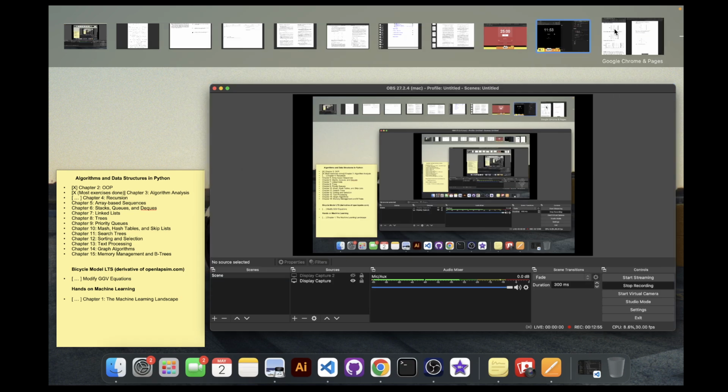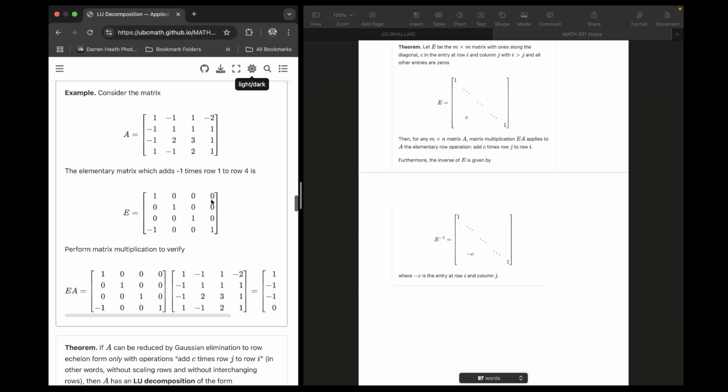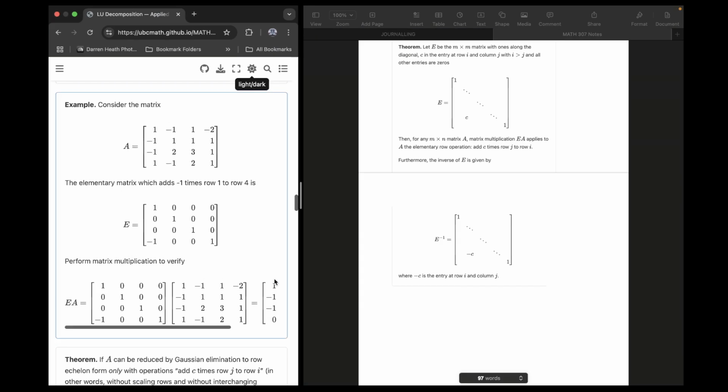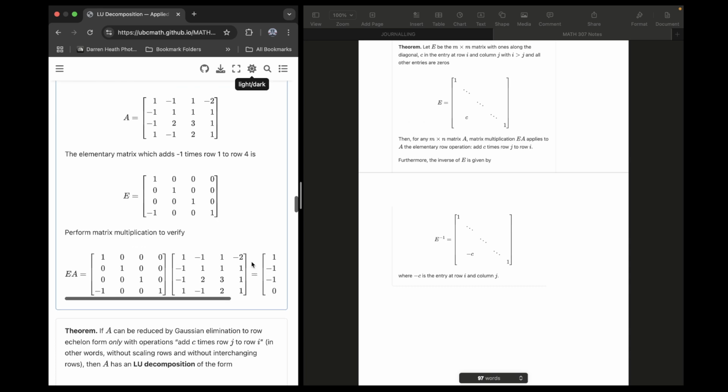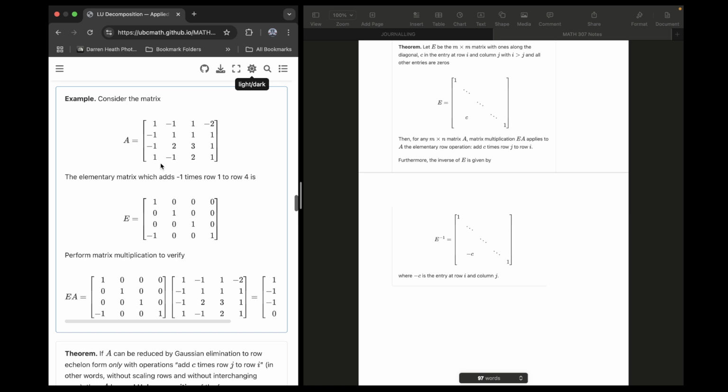Oh, there we go. There it is. The elementary matrix which adds negative 1 times row 1 to row 4.